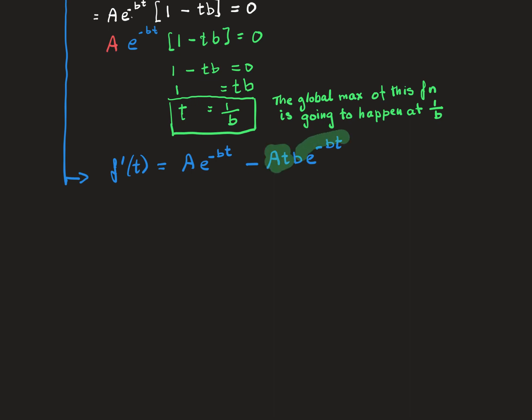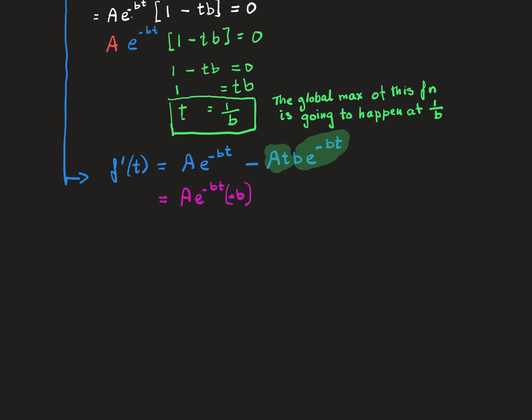So to differentiate the whole thing, let's do the first one, a e to the minus bt multiplied by ab minus ab.